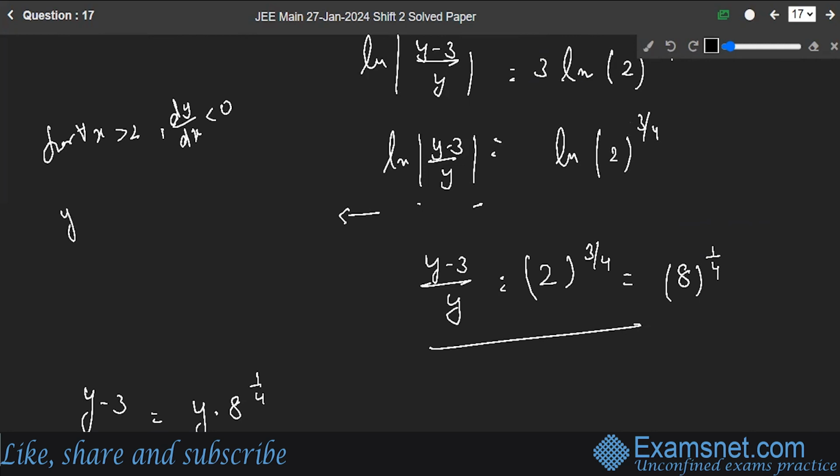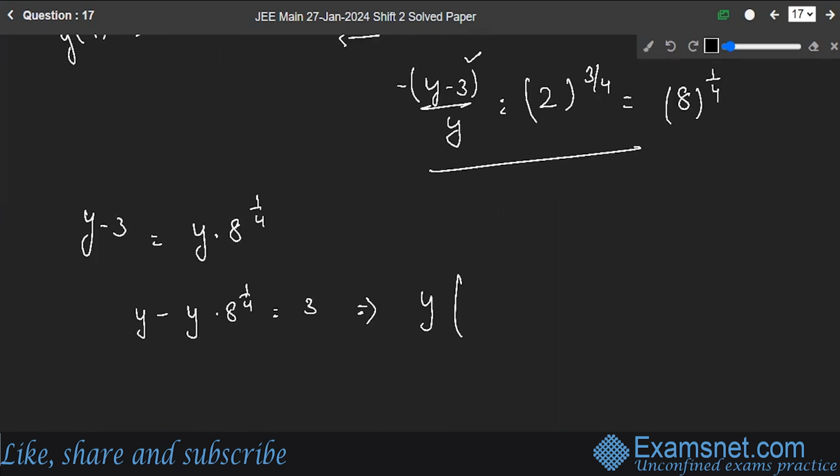And you are also given that y(4) is equal to 3/2. That means y belongs in the interval 0 to 3. So when I open this mod, I'll be taking the negative value for this. So this will be minus.